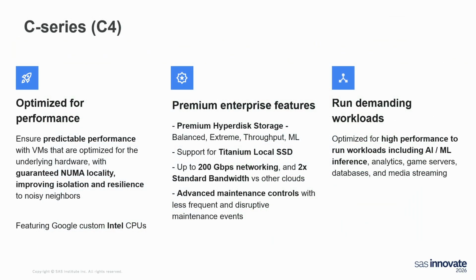So zooming back into the C4, you choose it for 3 real reasons. The 3 pillars I put up would be, first, performance optimization, where you get rid of noisy neighbors or avoid them as much as possible, and you get this NUMA locality, which I'll talk about in a minute. Second, you need these enterprise features.